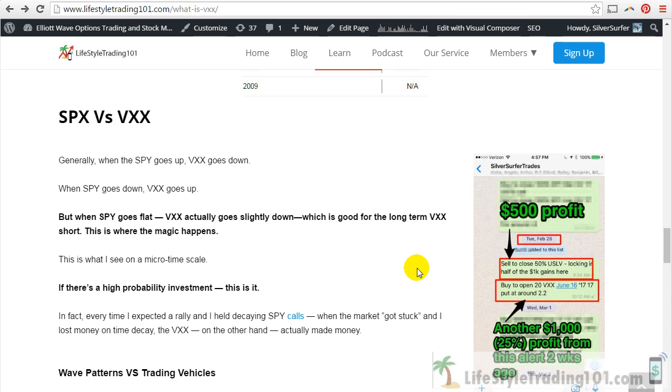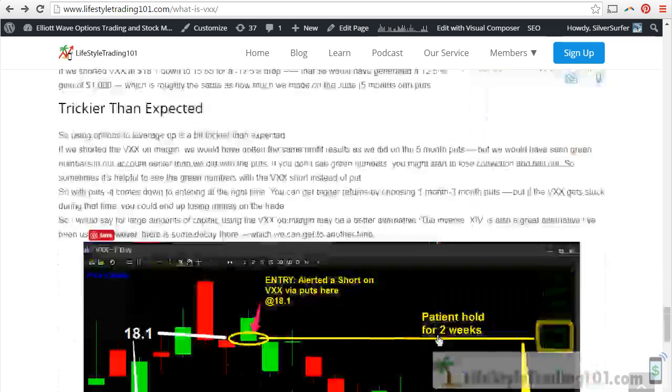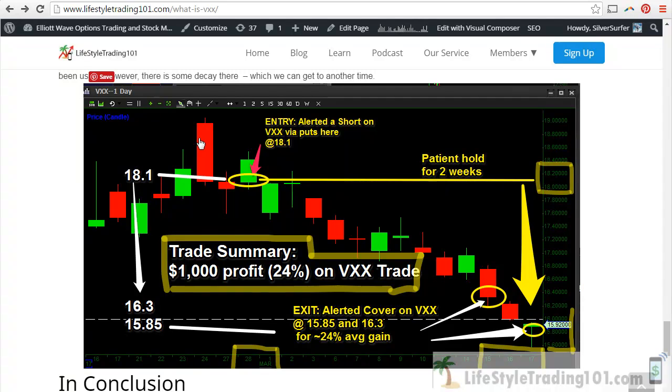And after it went up like 4 or 5 days in a row, something that hasn't happened in the past 9 months or so, that's when I alerted a VXX short via puts, and that's a trade that I show here. It was going up and up, and it looked like we were losing money for some time, or flat for some time, even when the VXX was going down.